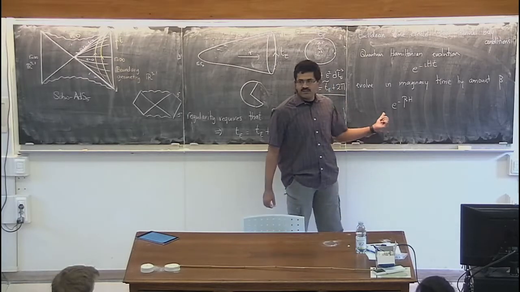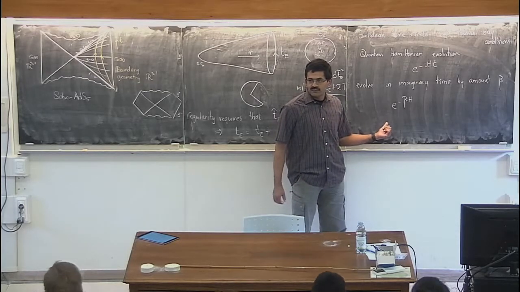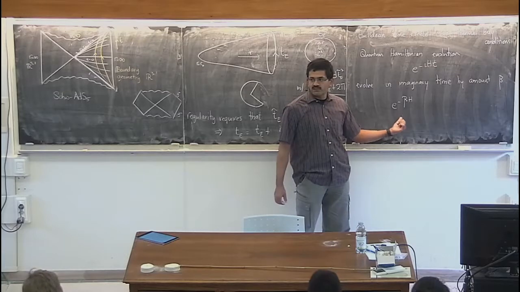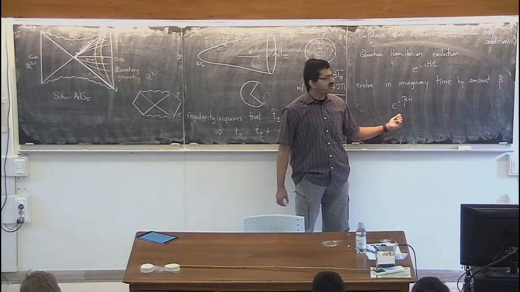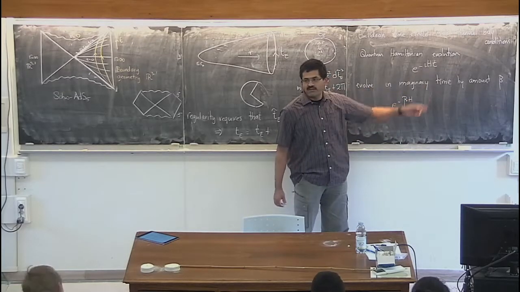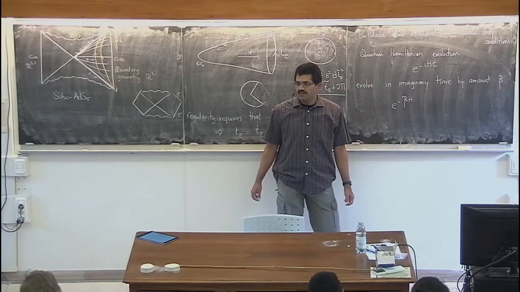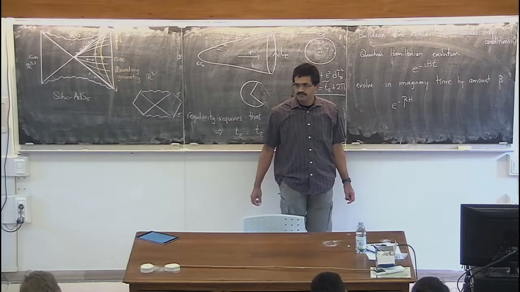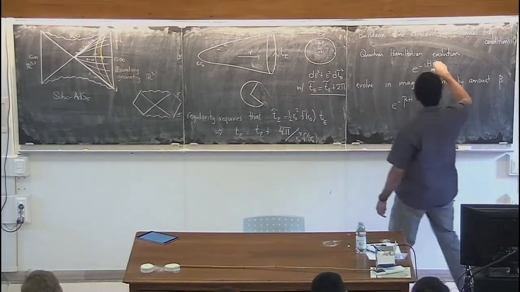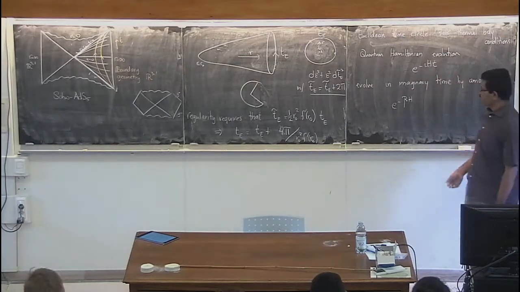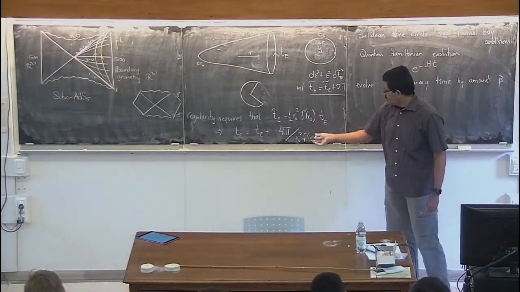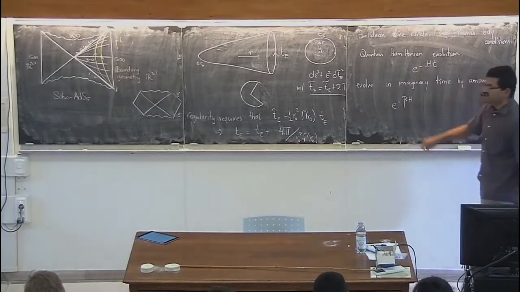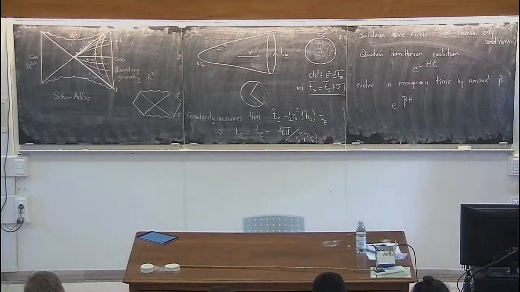So the thermal density matrix, which is this operator e to the minus beta H, is the operator that does imaginary time evolution by i beta. So if I have Euclidean time which is compact, it just means that I'm doing finite temperature physics with a period set by the size of the compact time circle.